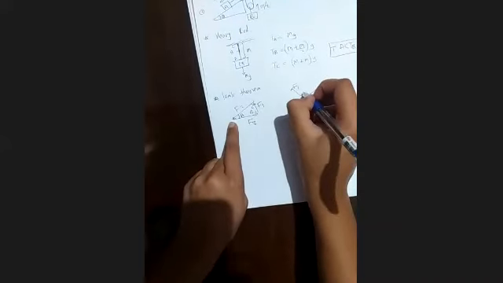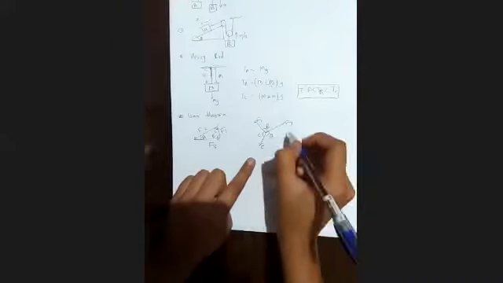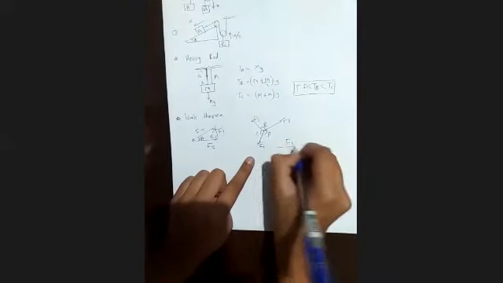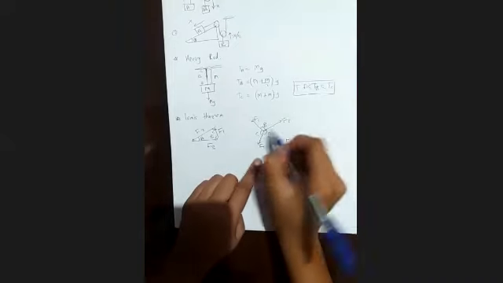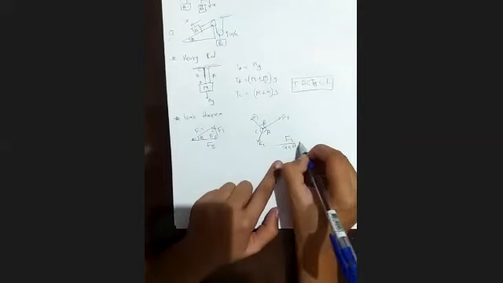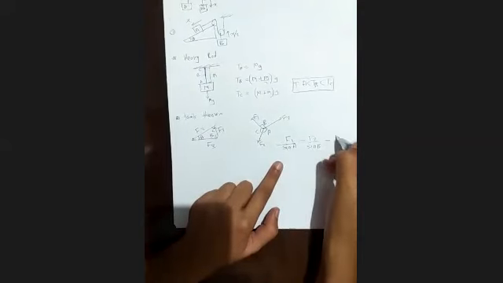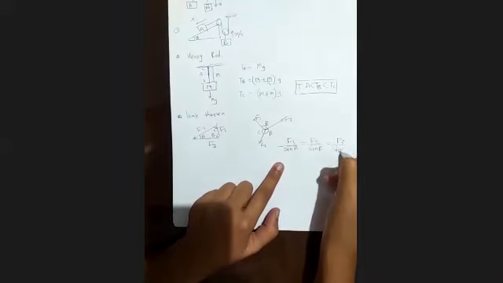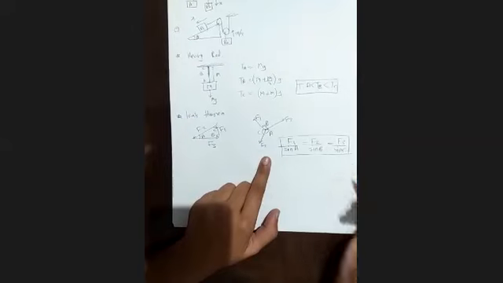This angle will be B, this angle will be A, and this angle will be C. So Lami's theorem says that F1 upon sine A, that's the opposite angle for this, F1 upon sine A is equal to F2 upon sine B, and is equal to F3 upon sine C. This is the Lami's theorem conclusion.